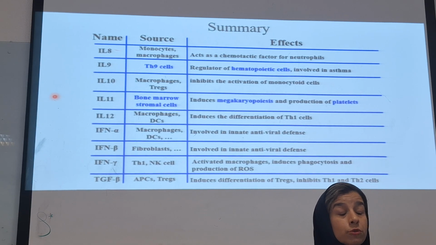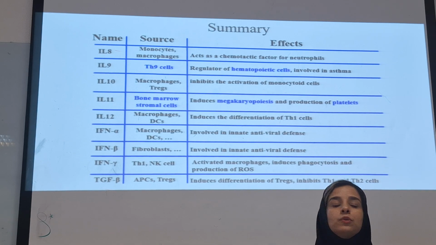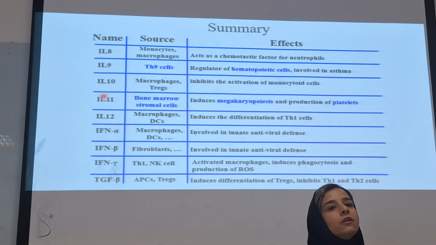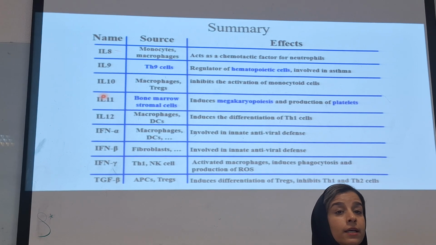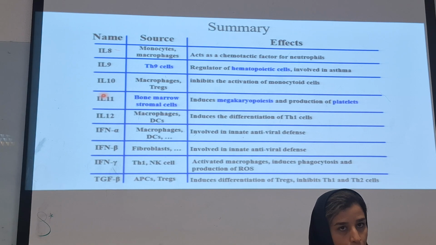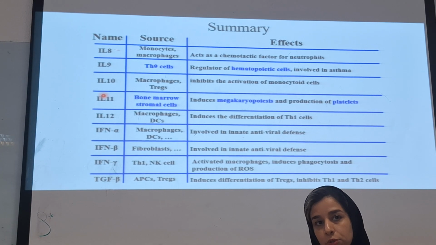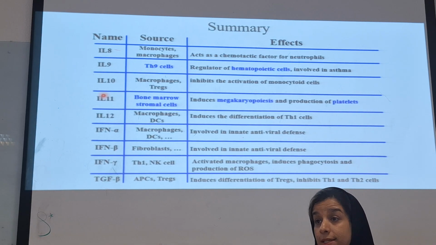After chemotherapy or radiotherapy, doctors usually use these cytokines like interleukin-11 and interleukin-3 to stimulate our bone marrow to produce immune cells like platelets, myeloid cells, and lymphocytes, because you know, with chemotherapeutic agents our immune system is suppressed.